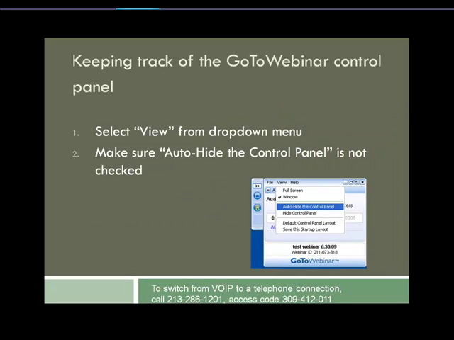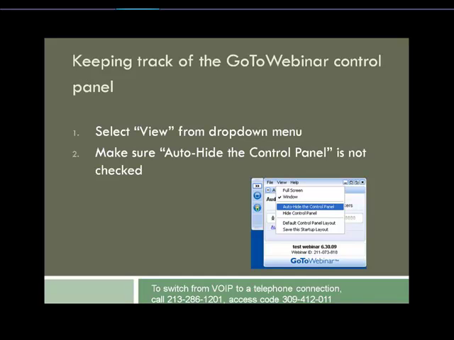On the next slide, just remember a little technical trick: you want to keep track of the GoToWebinar control panel. If you go to the right side of your screen, you can select View from the drop-down menu, and then make sure that Auto Hide the Control Panel, the text you see in blue, is not clicked.